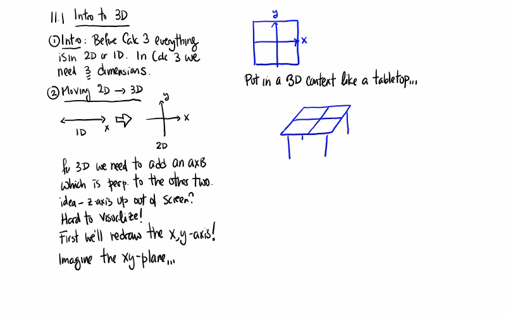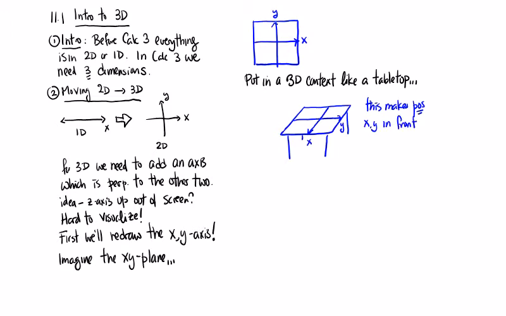We'll make the x-axis come forward and the y-axis go to the right. The reason for this is we want the places where x and y are positive to be in front. So this makes positive x and y in front.